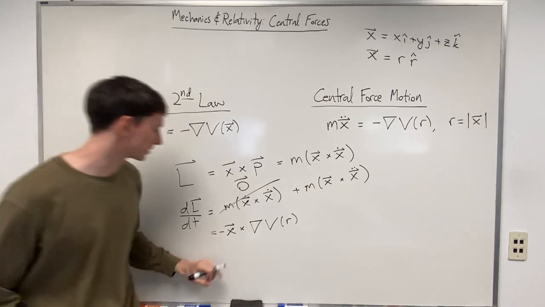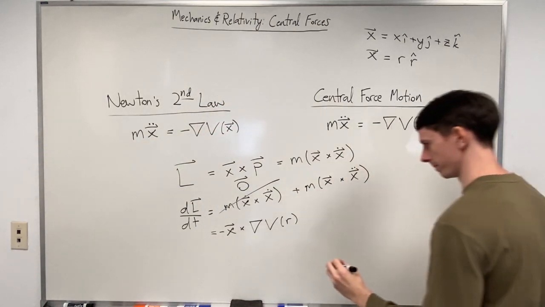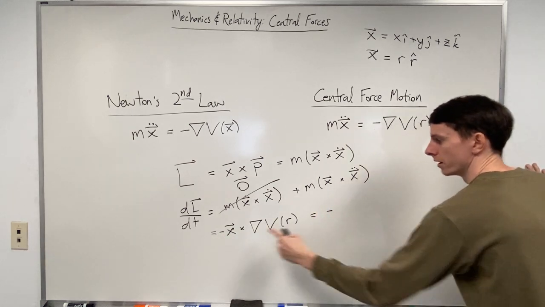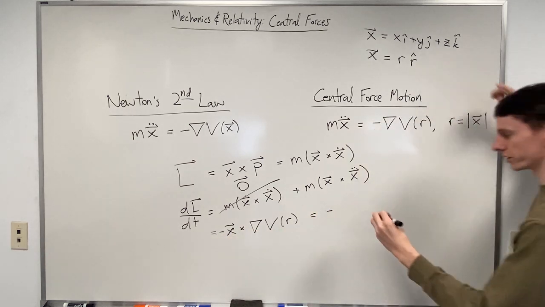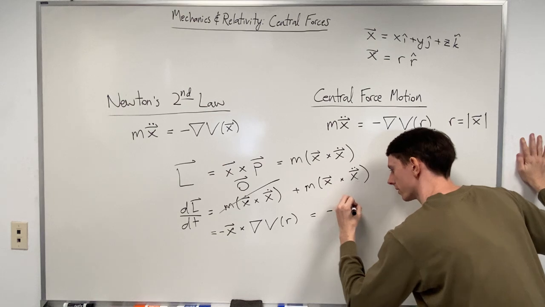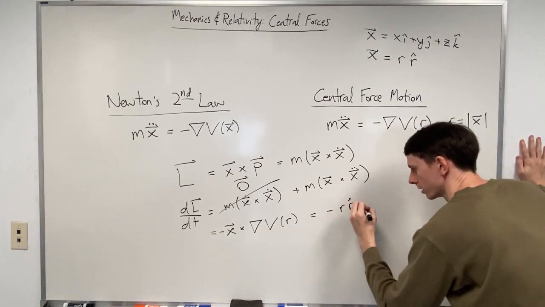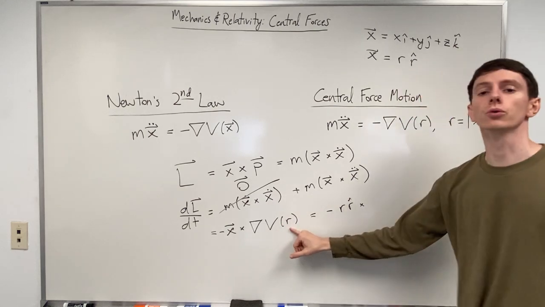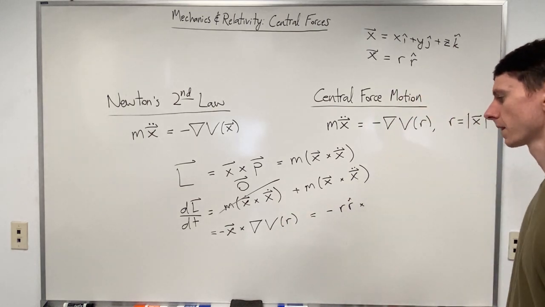So we're going to do that with this first input right here. Maybe I'll just put another equal sign, and then we have our minus sign. The position vector, which is equal to this, so r times r hat, in a cross product with the gradient of our potential function, which only depends on r, right?